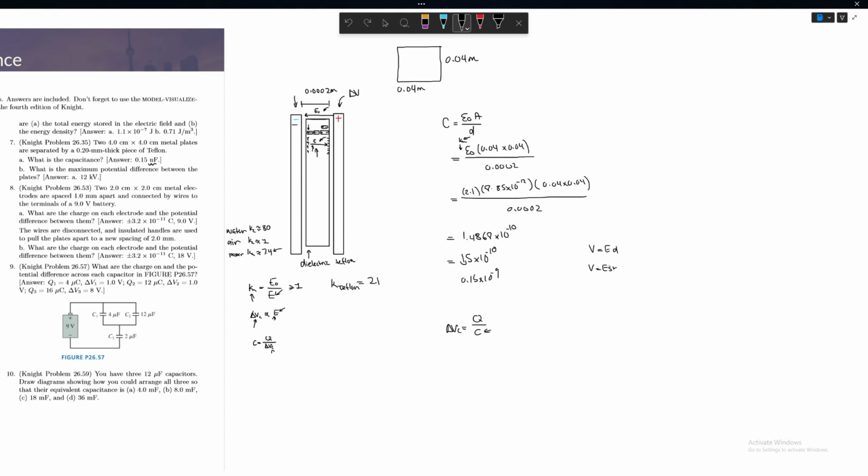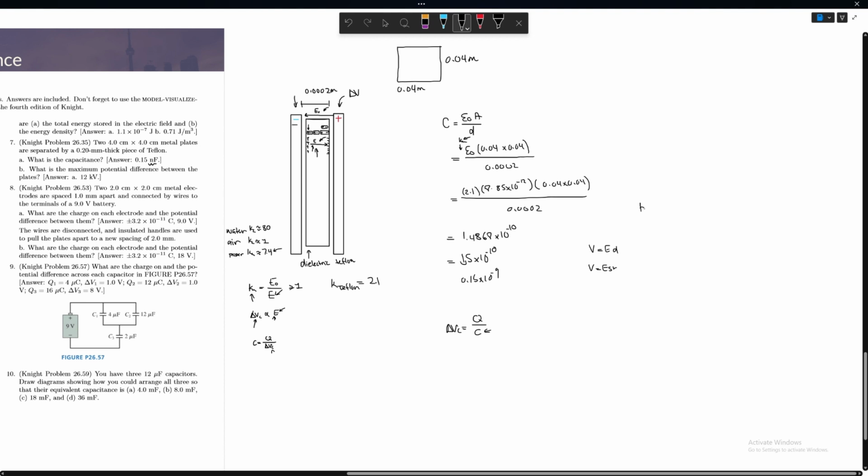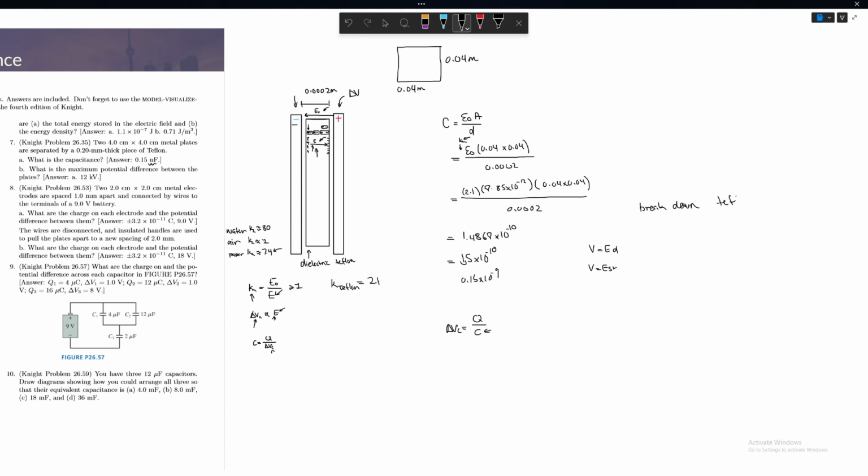Now, what is the maximum? There is something called a breakdown electric field for Teflon, which is the amount of electric field it can handle before it basically breaks down. The breakdown field for Teflon is 60 times 10 to the 6 volts per meter.